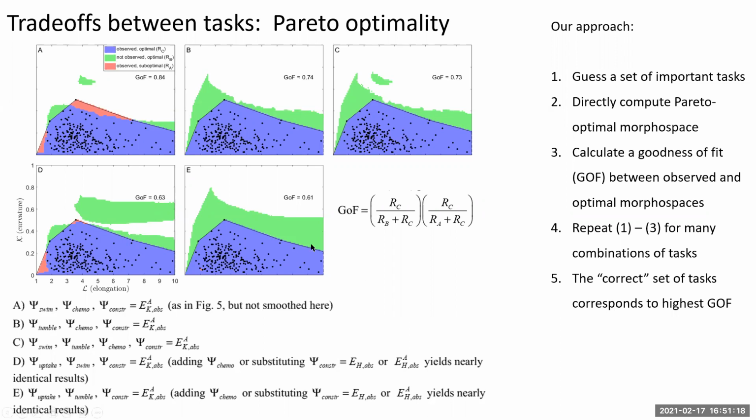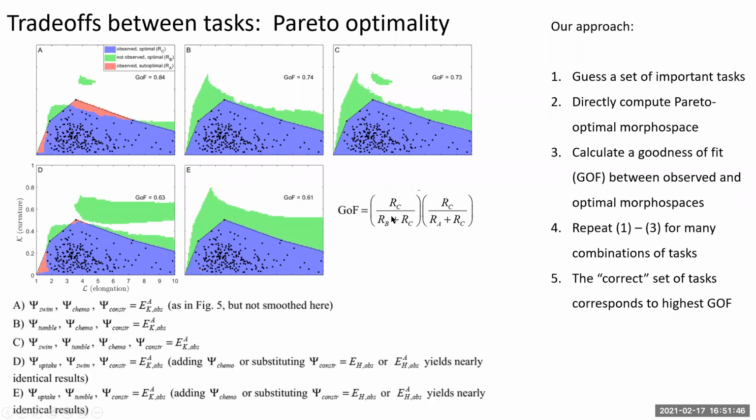When we computed the Pareto optimal regions by brute force, we compared that to the actual convex hull of all the shapes that we see in nature. We figured that the task trade-offs that were the most evolutionarily sensible and important would match the data the best.